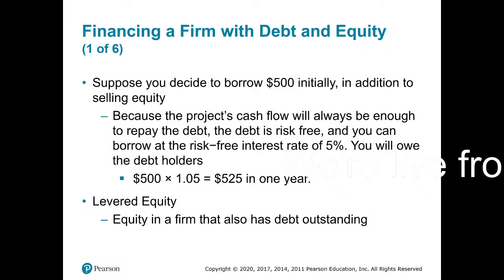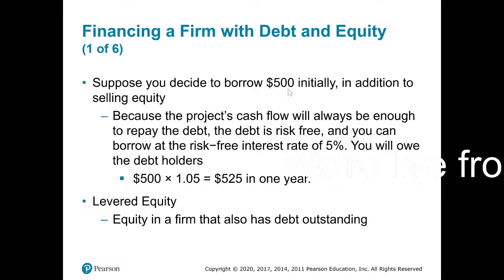Now that's the company financed by 100% equity. And next we are going to talk about financing a company with a mixture of debt and equity. Suppose you decide to borrow 500, and then you sell equity as well.